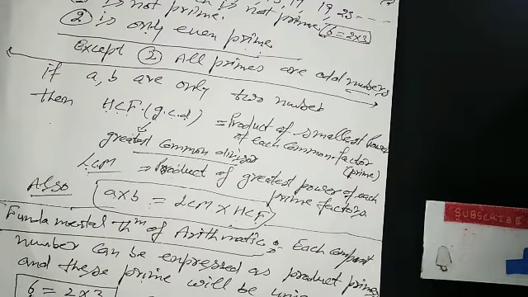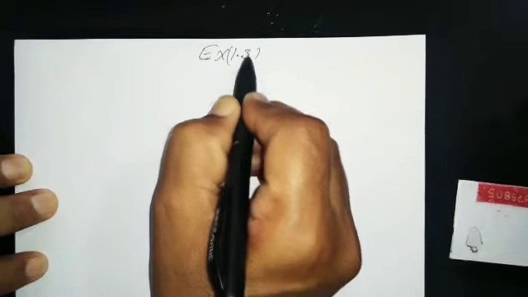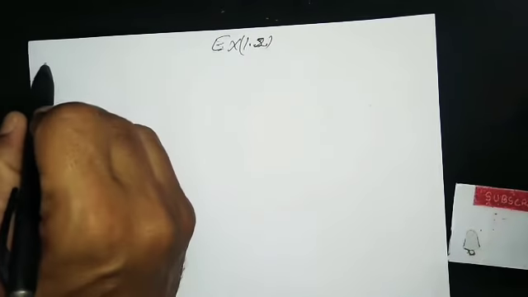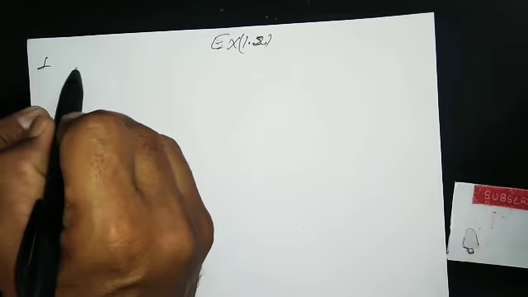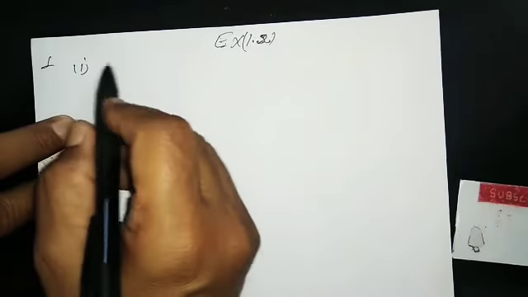How we can use them to find LCM and HCF by using fundamental theorems, we have to come to exercise 1.2. So exercise 1.2, this will clear more points. So first question is very simple. Express each number as product of prime factors.